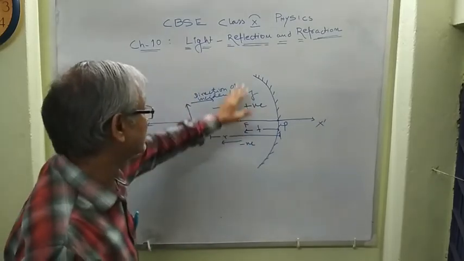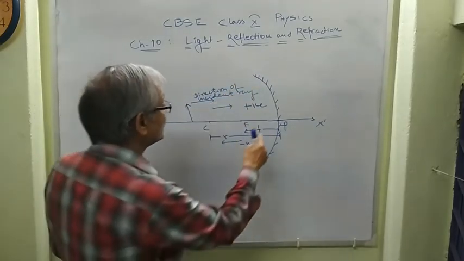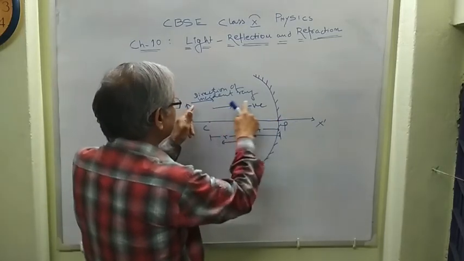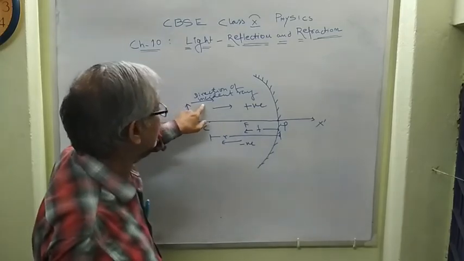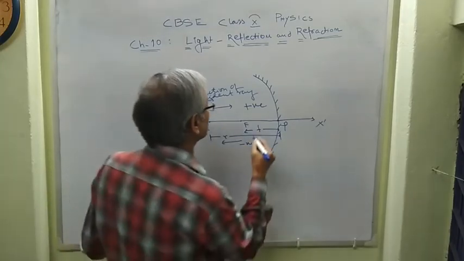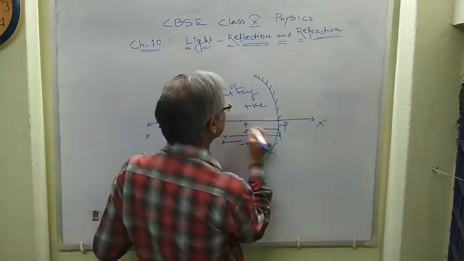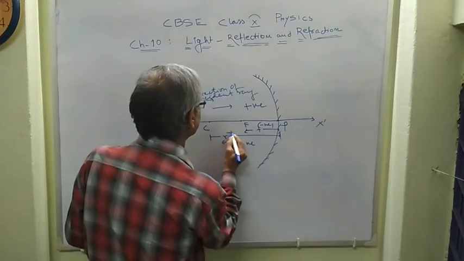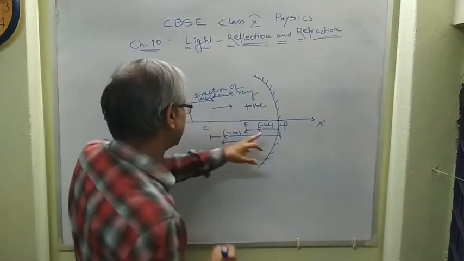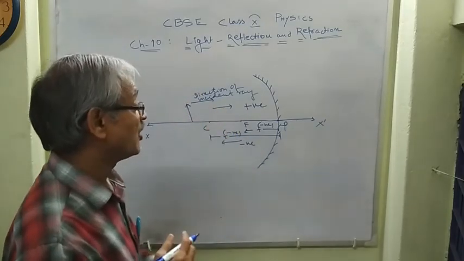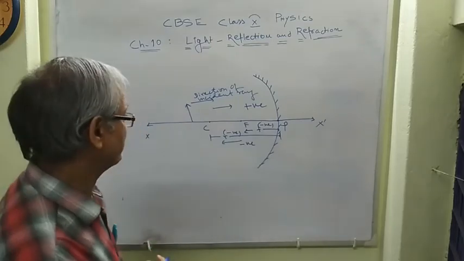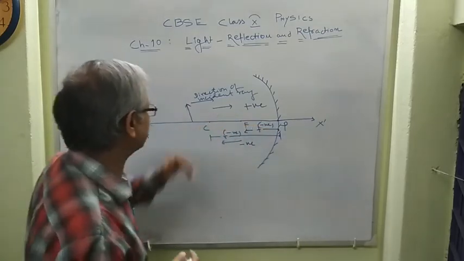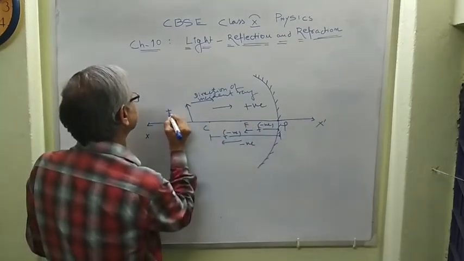If we measure the focal length for a concave mirror, then when we go from P to F, that is opposite to the direction of the incident ray, it will be negative here. This is also negative here. That is, F and R both are negative in the case of a concave mirror. Here we see that if the object is placed above the principal axis, then the height will be positive.